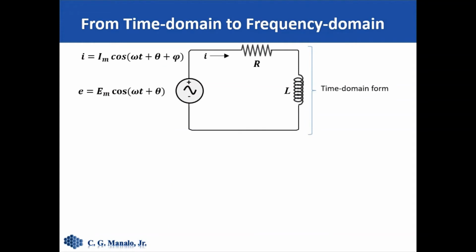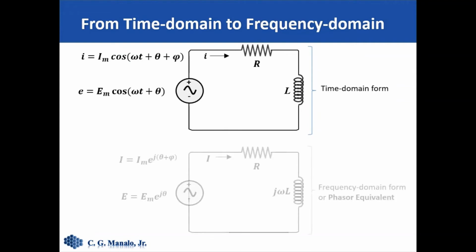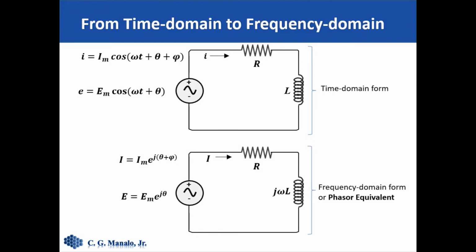So what we have done is transform our time-dependent circuit into another circuit, which we call a frequency domain circuit or a phasor equivalent, by transforming the components into their phasor equivalents, including the variables that come along with the circuit.